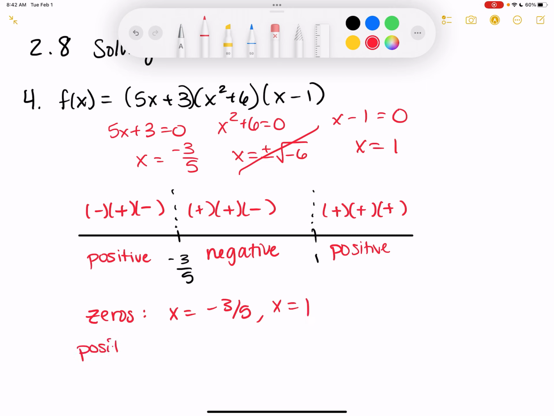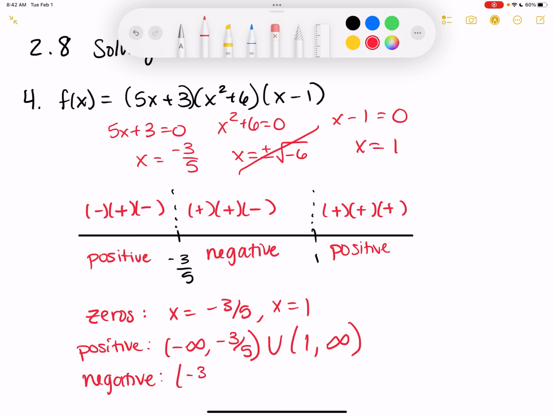It's positive from negative infinity to negative 3/5. We do not include the zeros. Union with 1 to infinity. And then it's negative in that middle region, so from negative 3/5 to 1.